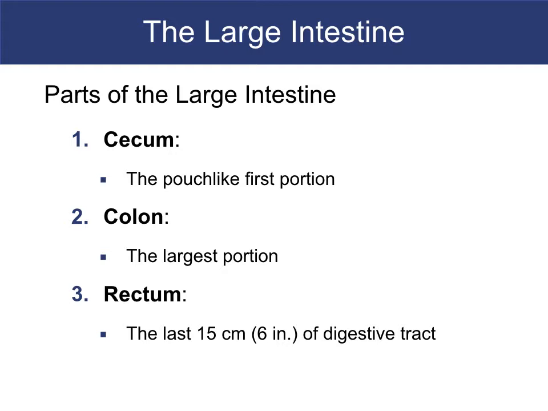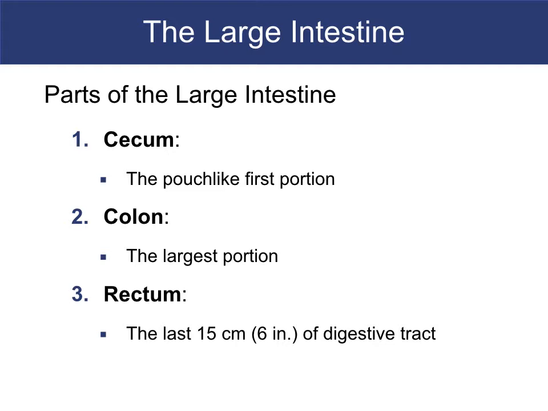And then it gets over here to this flexure, and this is called the splenic flexure. Guess what? The spleen lives over here, and the liver lives over there. That's where they get their names. This is also called the left colonic flexure. Then it comes down here. This is called the left colon, or the descending colon.